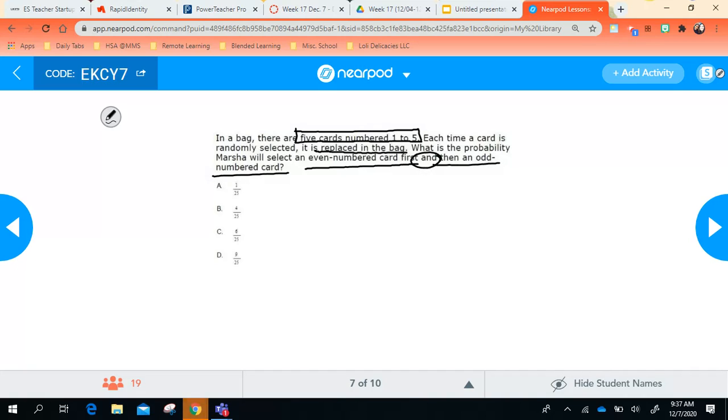And it says even numbered card and an odd numbered card. So right there we're seeing that key word. And from our notes, we said and means that we're doing what? Are we going to multiply or are we going to add? We're going to multiply. So let me show you how I would work this out.